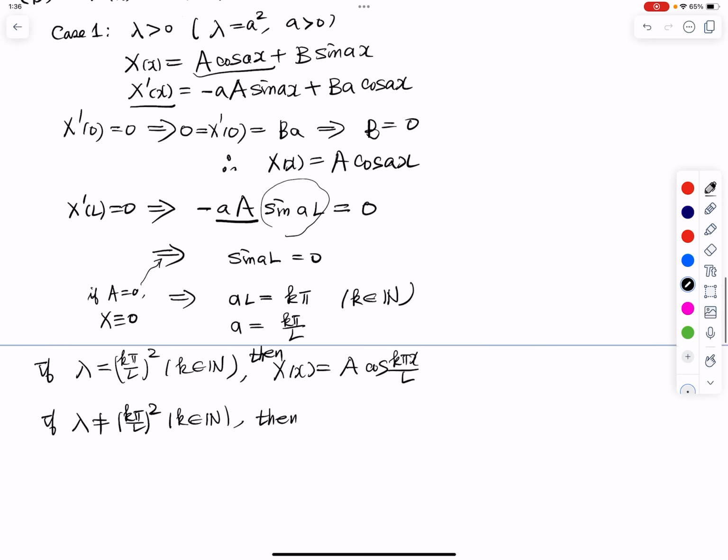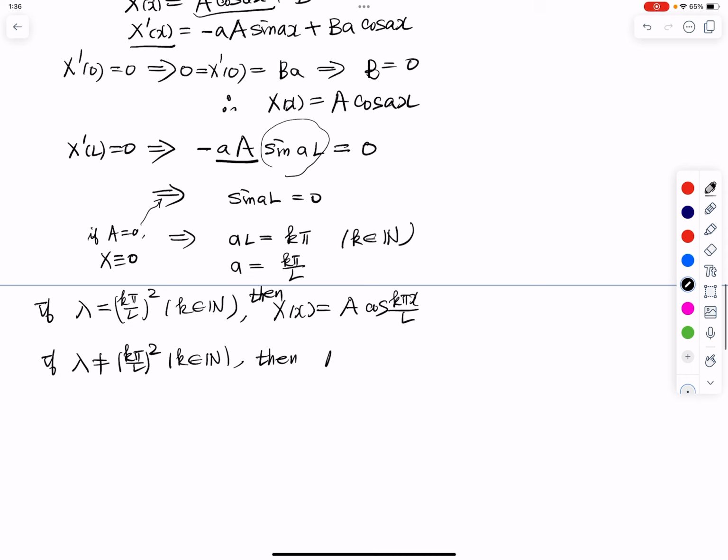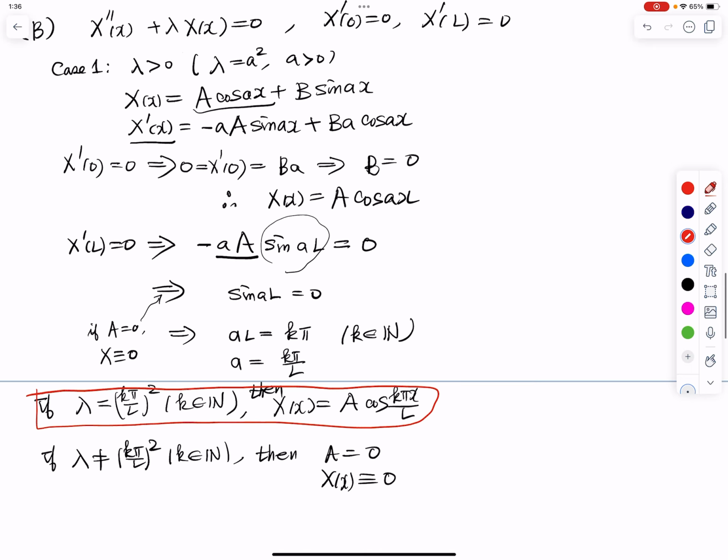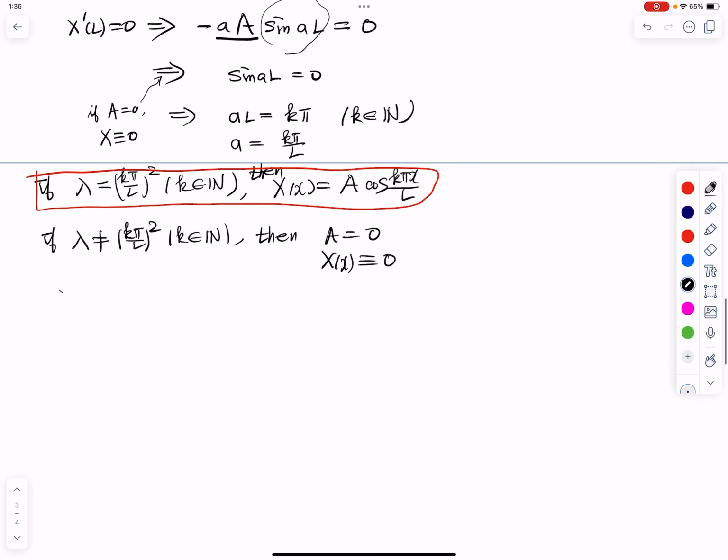Again, a should be 0, which implies x(x) should be 0. So we have only this case to get a non-zero solution. And then case 2, lambda equals 0.